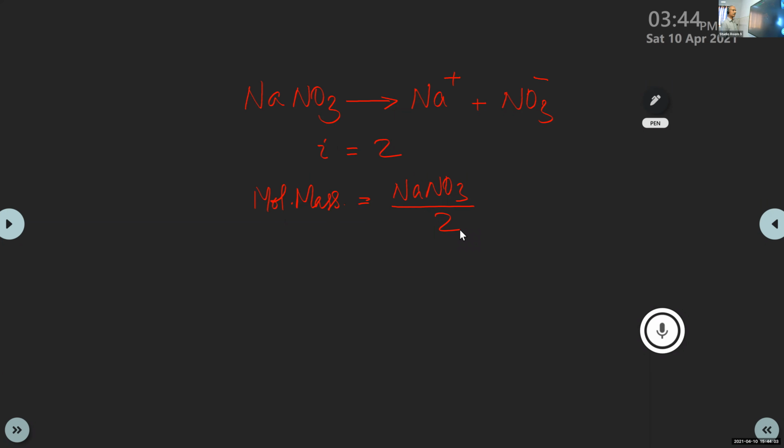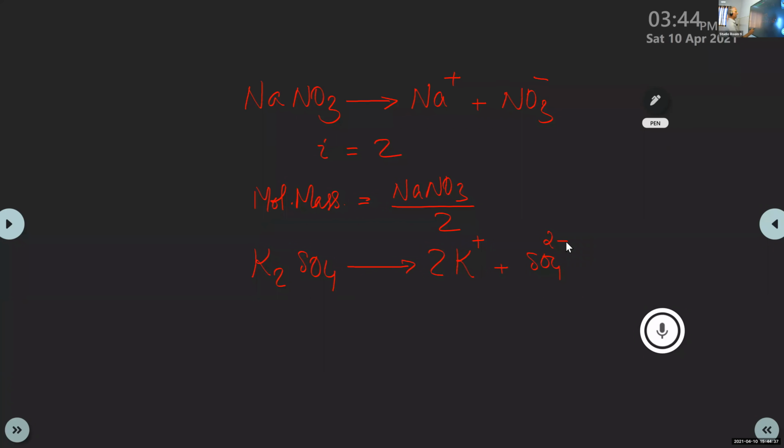Okay. Suppose you write K2SO4, potassium sulfate. That is also an ionic compound. If we prepare a solution of potassium sulfate in water, it ionizes. Suppose it ionizes completely, then we get 2K+ and SO4 2-.